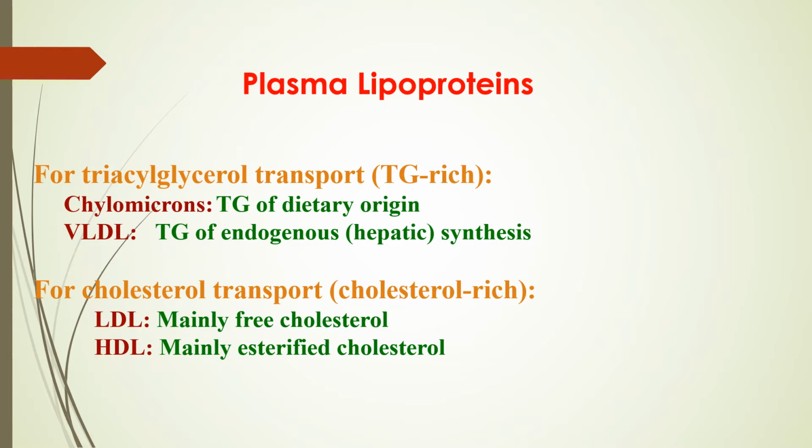This means after meals, and they are synthesized in the intestine. Second is the very low dense lipoproteins, which transport triglycerides synthesized in the liver or triglycerides of endogenous origin.